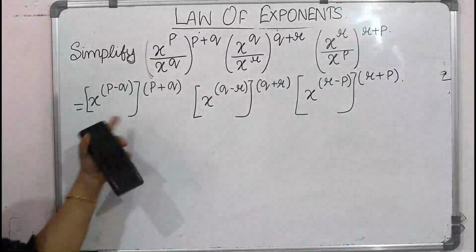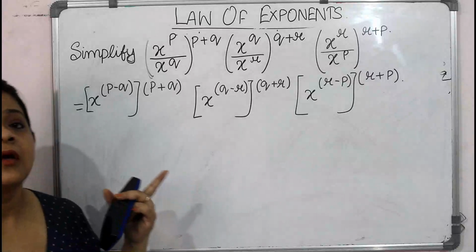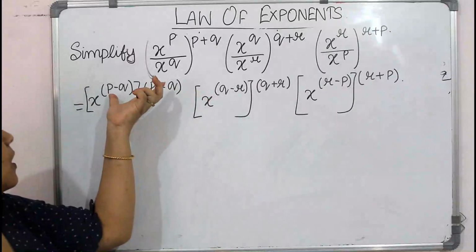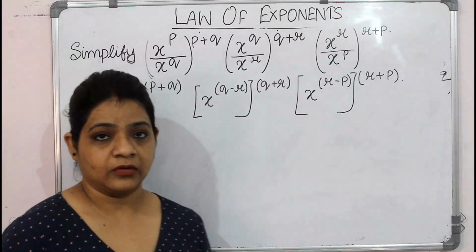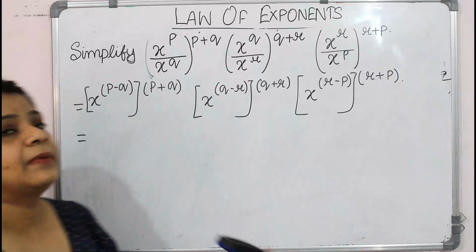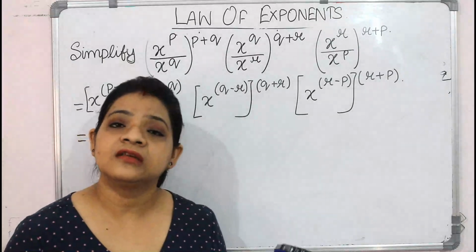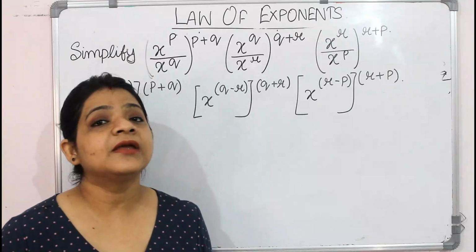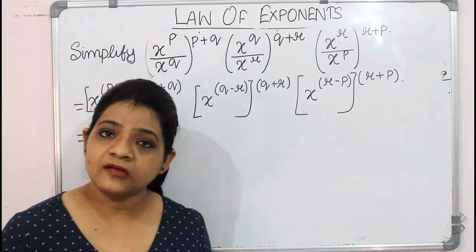Again you know very well that power within power means you are to multiply the two powers. So p minus q into p plus q. So what is this? It is of the form of a plus b into a minus b. So a plus b into a minus b is a square minus b square.